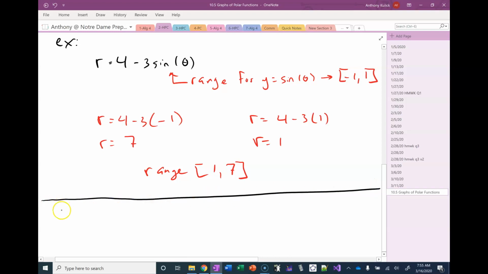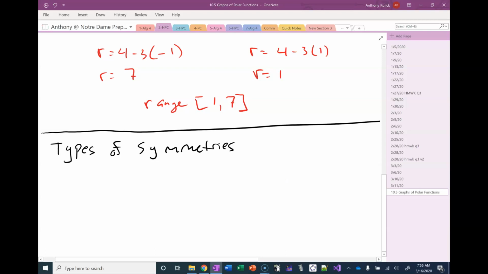The next topic that we're going to talk about is types of symmetries. Perhaps you remember from first semester that we have 3 types of symmetry.